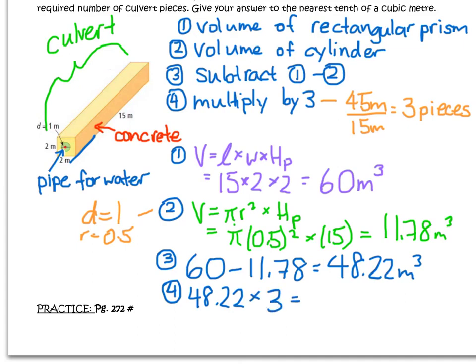And finally, step 4 was taking that number and multiplying it by 3, because you need 3 of these culverts to span the entire length of the highway, which was 45 meters, because 45 divided by 15 should give us 3. And then finally, Jenna, what is our final answer? 144.6. 66.